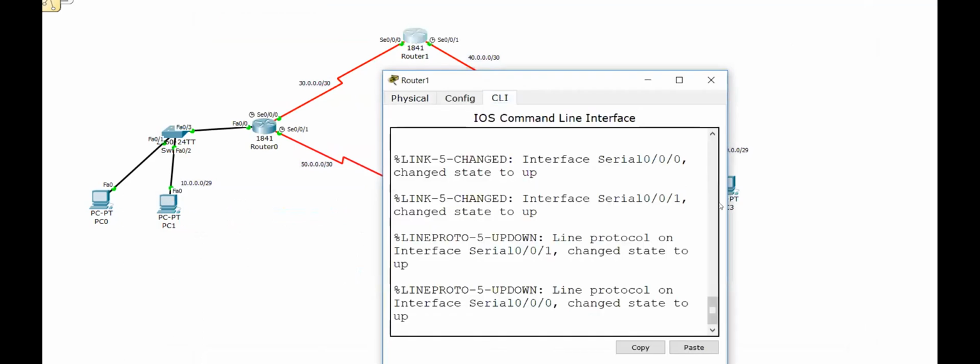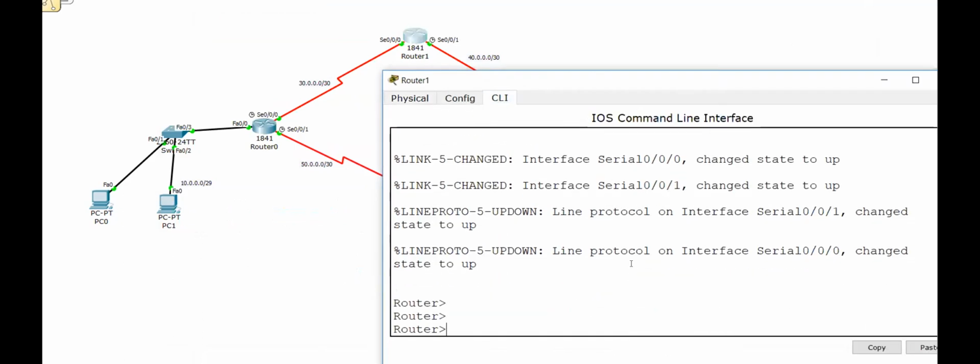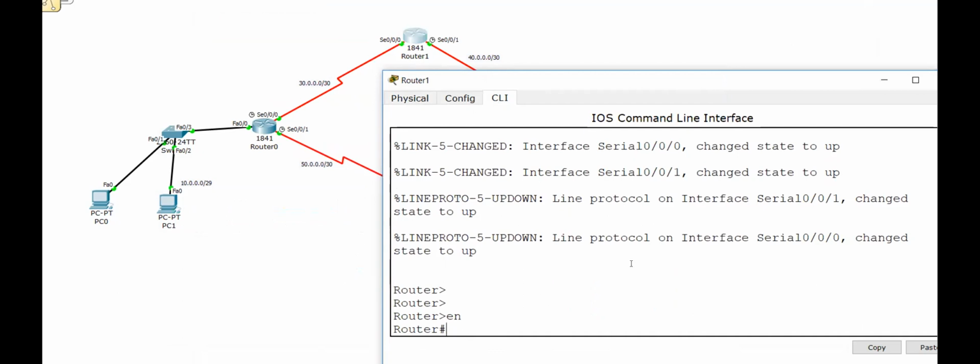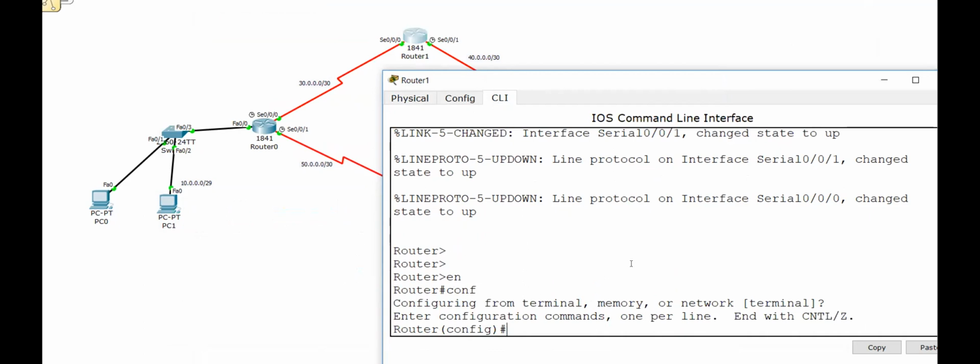Okay, now move on to router number 2. But firstly, you have to configure IP addressing, okay? Because in our last video, we have done IP addressing so many times, I don't want to extend the video for the same old topics. That's why I have made this design earlier.